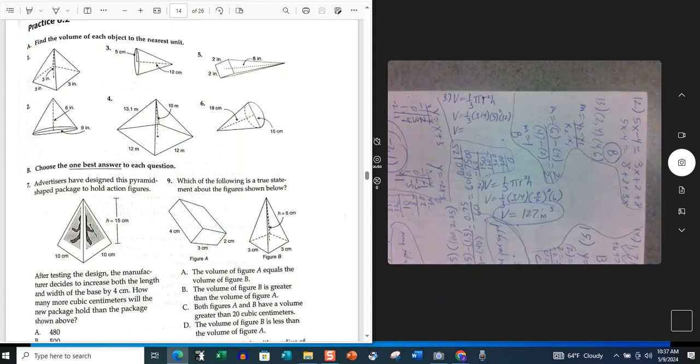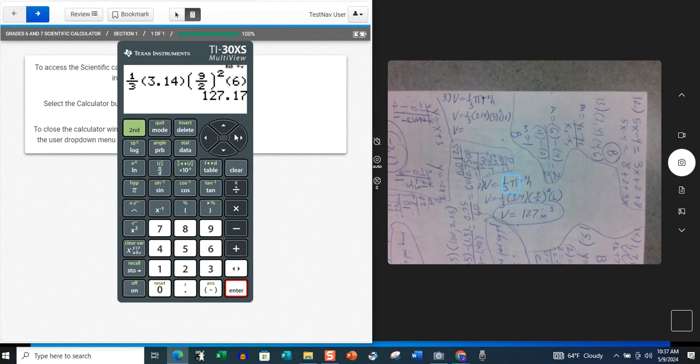So now we will put this in our calculator. We'll press N/D, 1, down arrow 3. We have our right arrow, parenthesis 3.14.